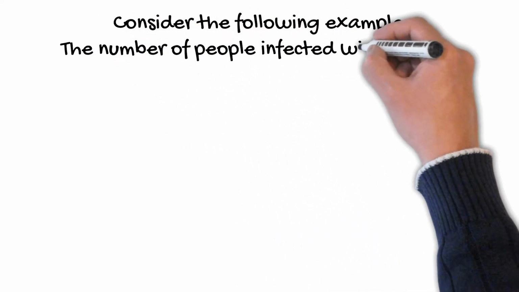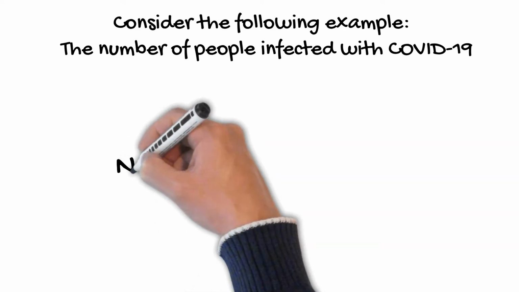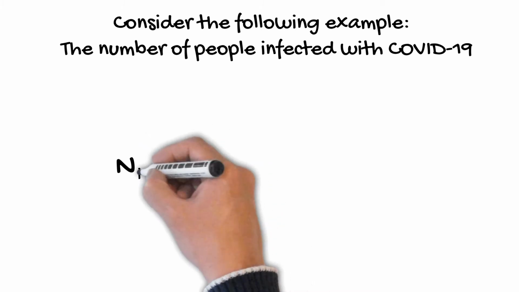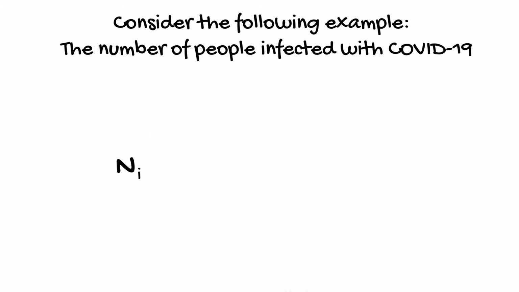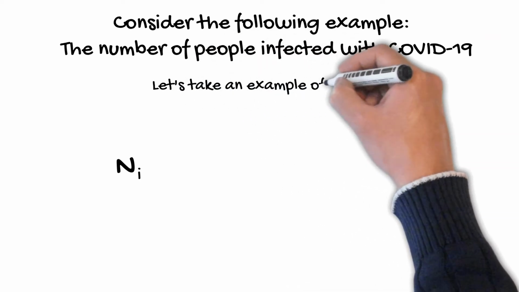Suppose we'll talk about number of people infected. So I will use N with a subscript I, number infected. So just to begin with, suppose there's some very simple growth that 2 people are infected each week.